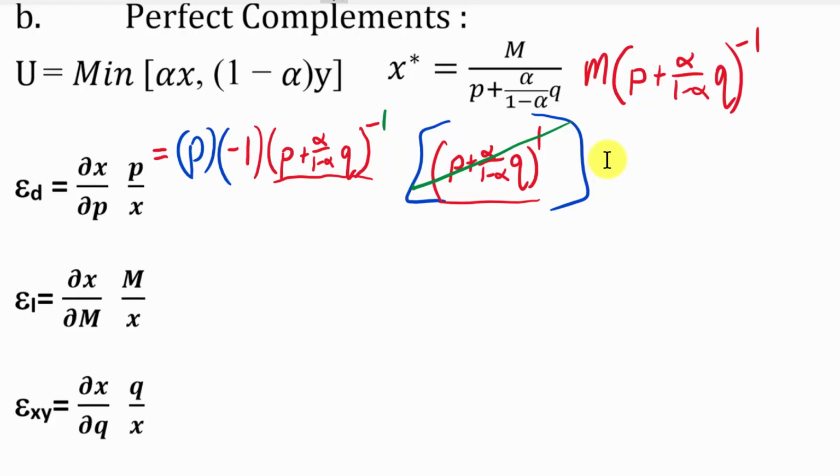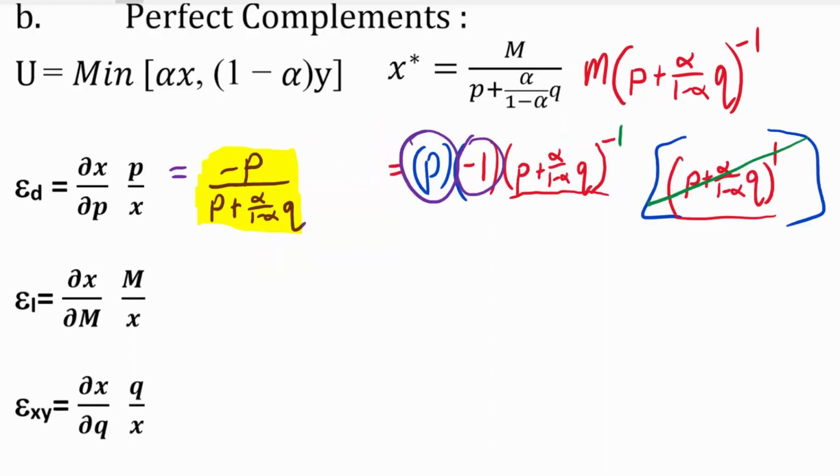So that's much simpler than what we had before. Now we can clean this up a little bit and rewrite it. We're going to have a minus p in the numerator, and then a p plus alpha over 1 minus alpha q in the denominator. I don't see any obvious way to simplify that any further, so that looks like our expression for the price elasticity of demand for this good. And the sign is negative, as we would expect for an own price elasticity of demand.